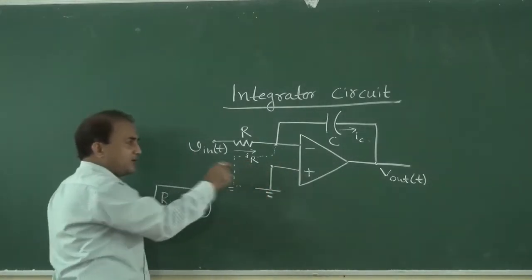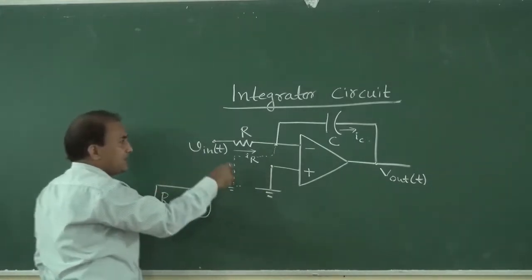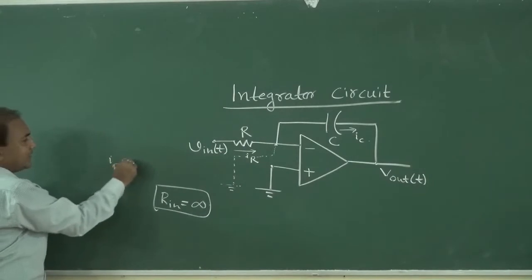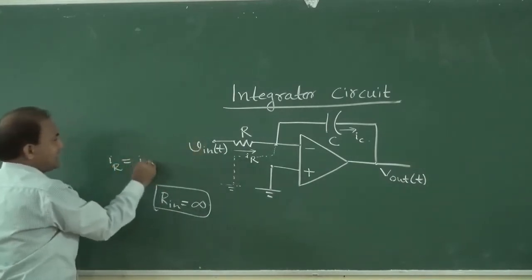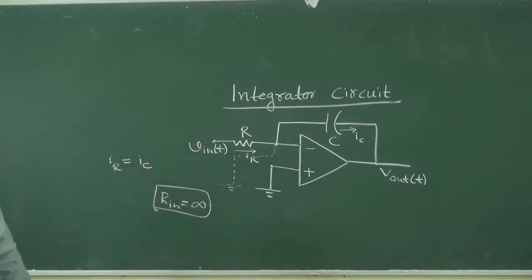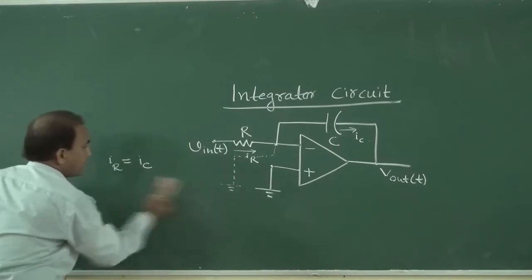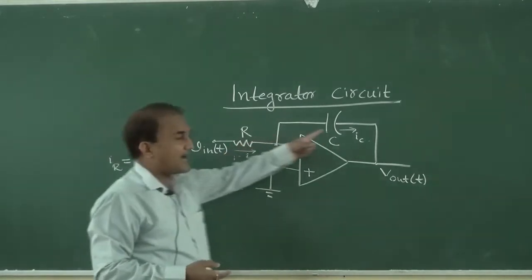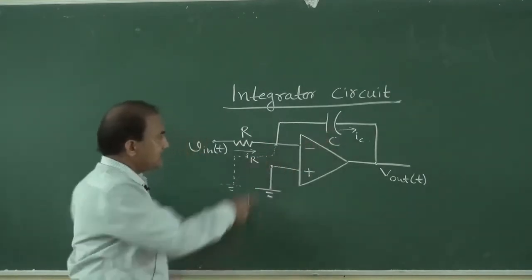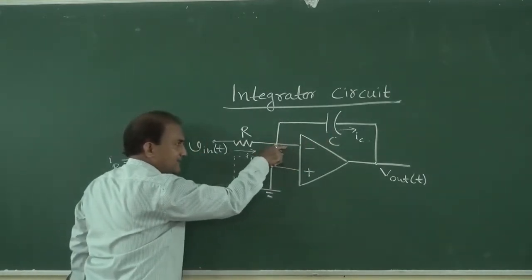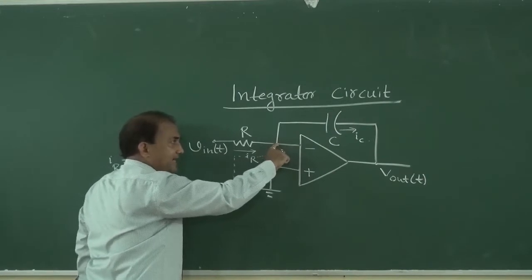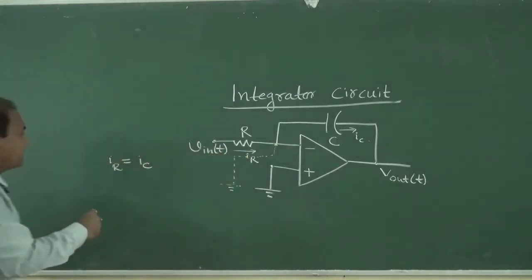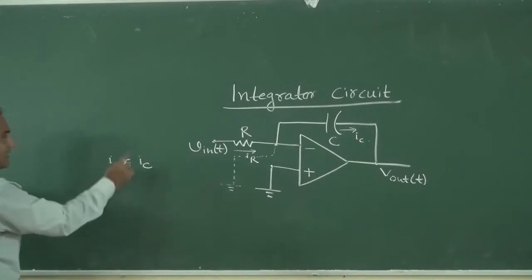So by using the virtual ground concept, we can say that IR is equal to IC, since the current into the op-amp is 0 because R in is infinite in the ideal case.